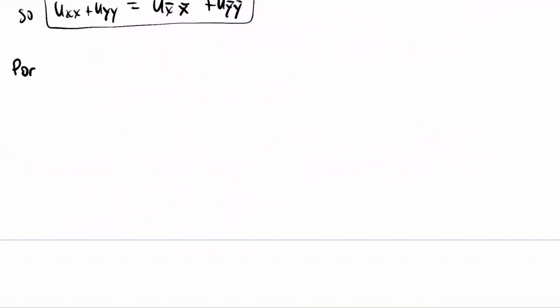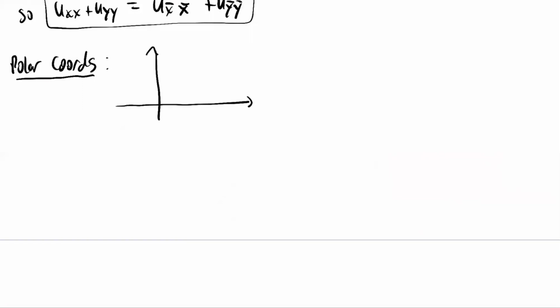Okay, so if you think back to multivariable calculus, there was a specific coordinate system which was very useful for analyzing things that involve lots of rotations. In particular, this was the polar coordinate system. Remember, if this is the standard x and y axis, maybe this is a point x comma y.